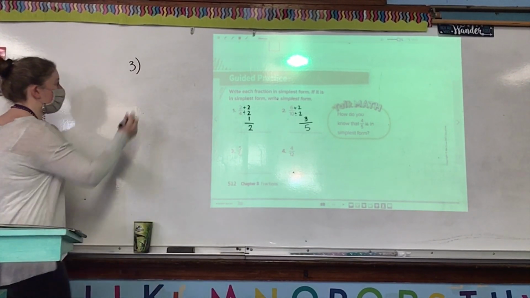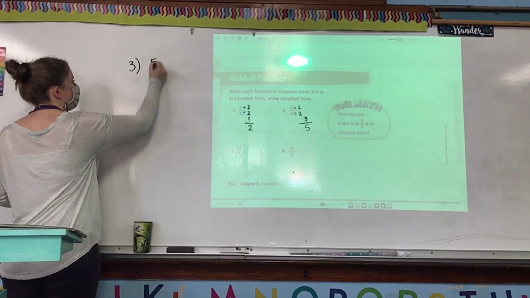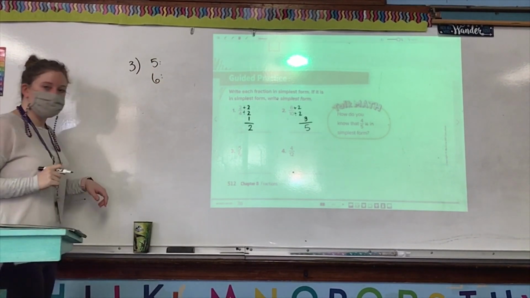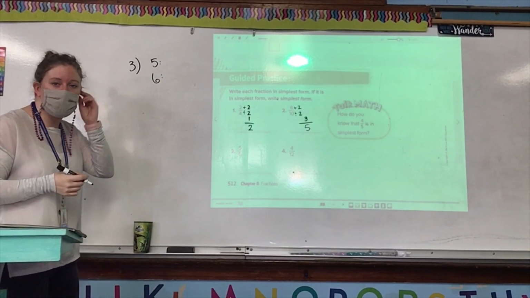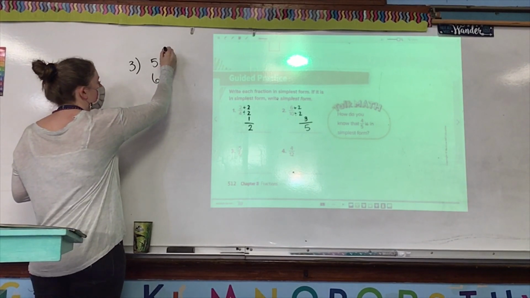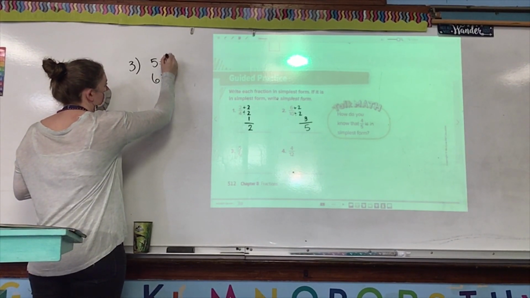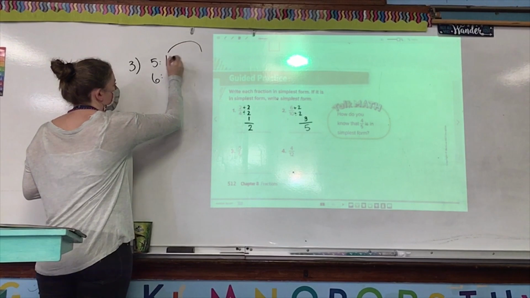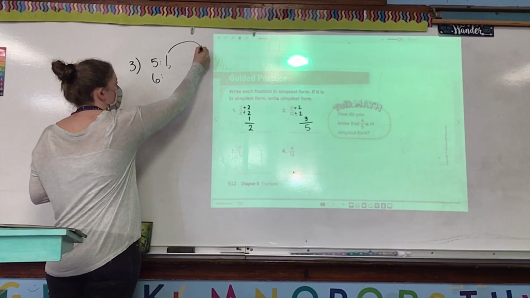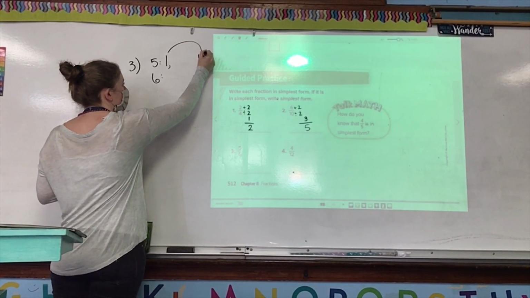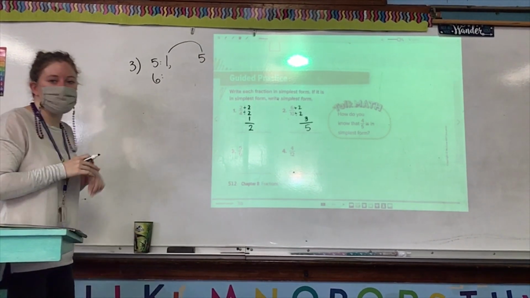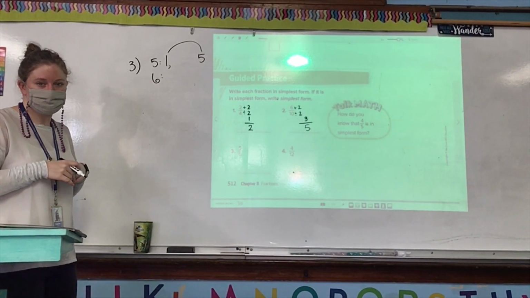Zari, you're going to help me. We have 5/6. So Zari, what's the first factor of 5? 1. 1 is a factor pair with 5. 5 is odd, so is 2 a factor?